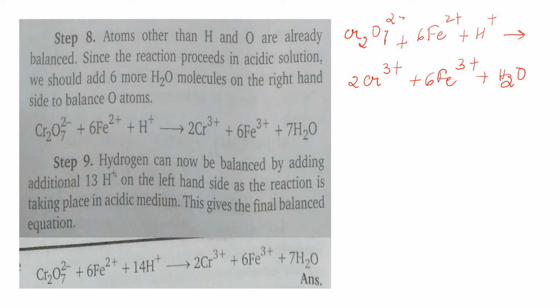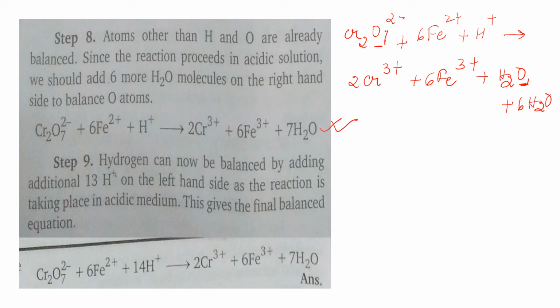Now on the left hand side I am having 7 oxygens and on the right hand side only 1 oxygen. So the right hand side is deficient of 6 oxygens. So I have to add 6 H2O on the right hand side. After adding 6 H2O, 6 H2O plus 1 H2O is giving you 7 H2O.